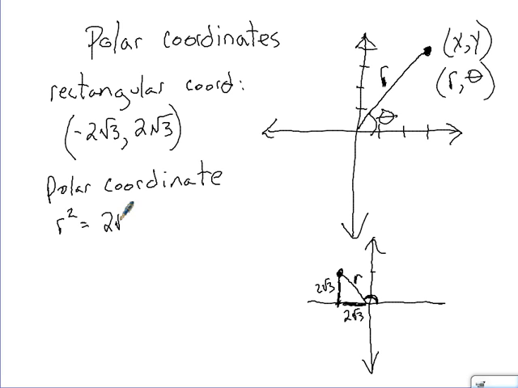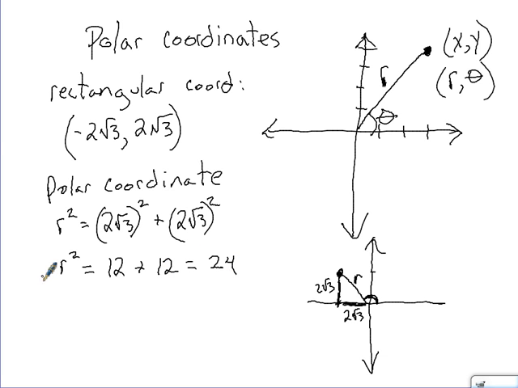So 2 square root of 3 squared plus 2 square root of 3 squared, and that gives us r squared equals 2 squared is 4, square root of 3 squared is 3, 4 times 3 is 12, 12 plus 12, which is 24, and when I square root both sides, r equals the square root of 24, or simplified, that's going to be 2 square root 6.